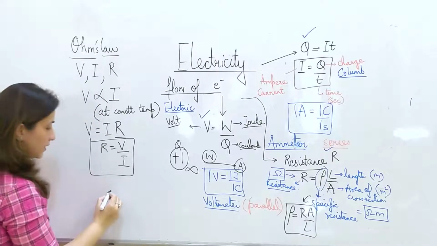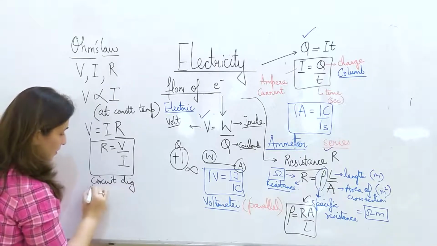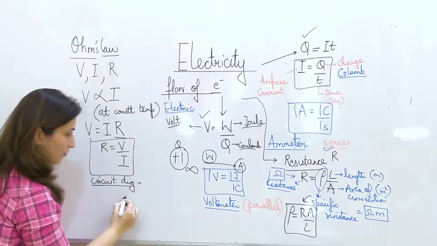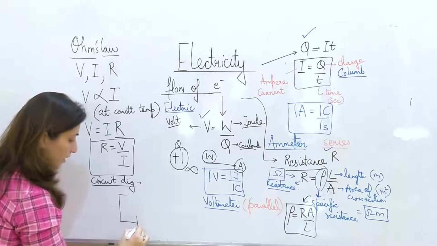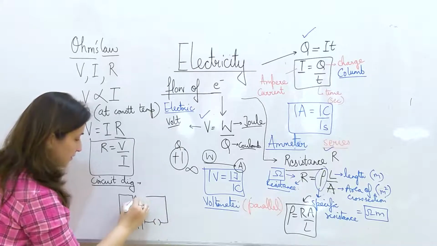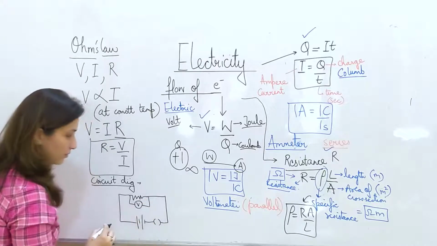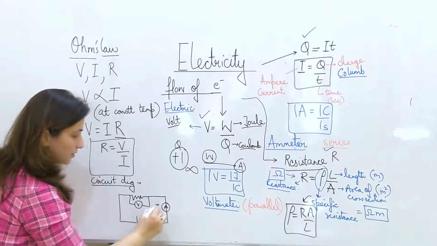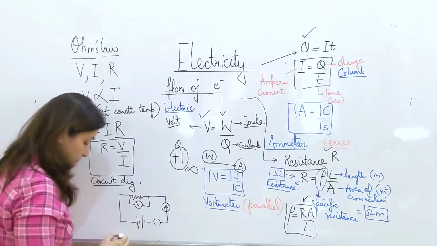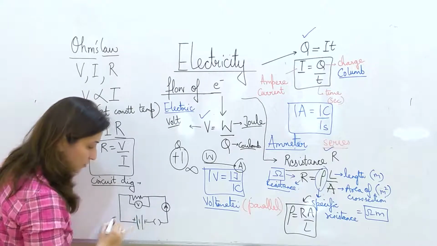And he used a circuit diagram to represent all the quantities. In the circuit diagram, we have a conducting wire, a battery, a key, and a resistance. The voltmeter is added in parallel to the resistance, and the ammeter is added in series connection. For making the symbols, we need to add plus with the big plate and minus with the small plate.